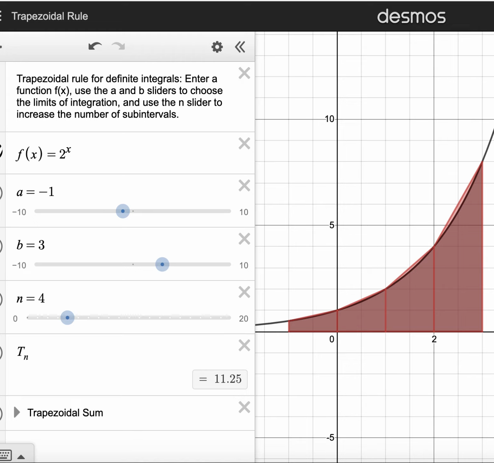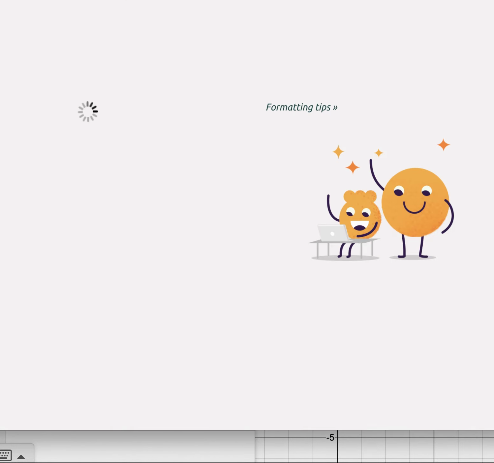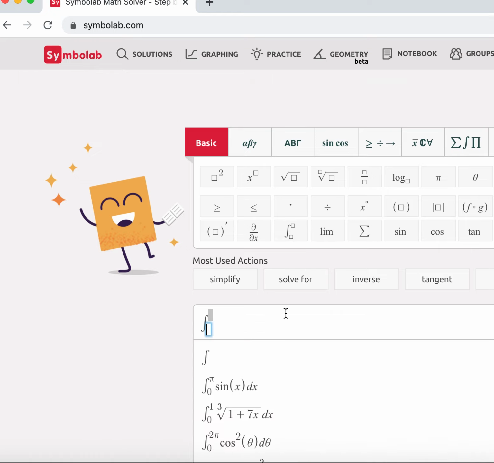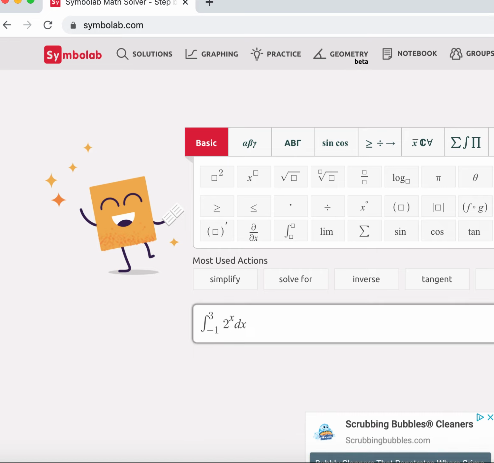We can also just see how close it is to the actual area under the curve using Symbolab. So go to Symbolab, and we'll do a definite integral from -1 to 3 of 2 to the x dx. We haven't gone over how to solve that one by hand yet, but we will.